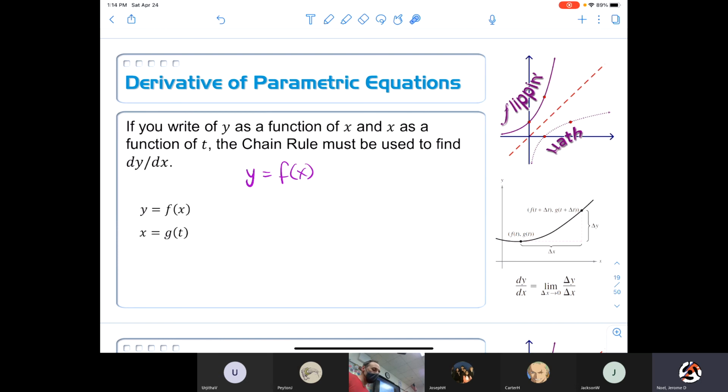All right, so here we go. We're thinking of y as a function of x as usual, but x here is a function of t, so I'm going to replace that with what you see down here on the screen, this g of t. So if I were going to take the derivative of y here with respect to x, what would you have to use? You have to use the chain rule.